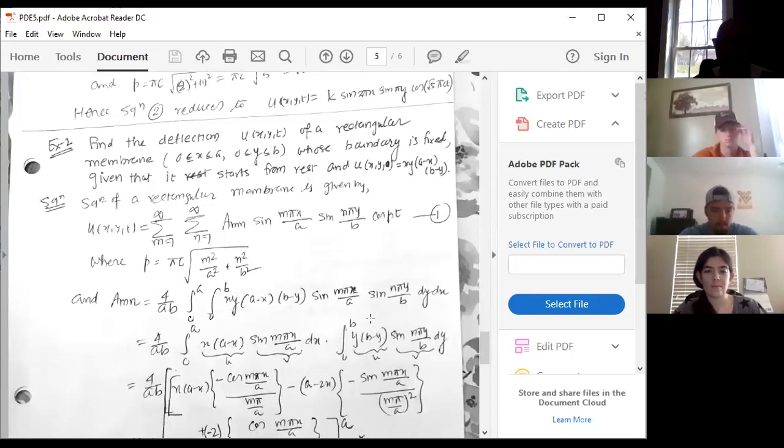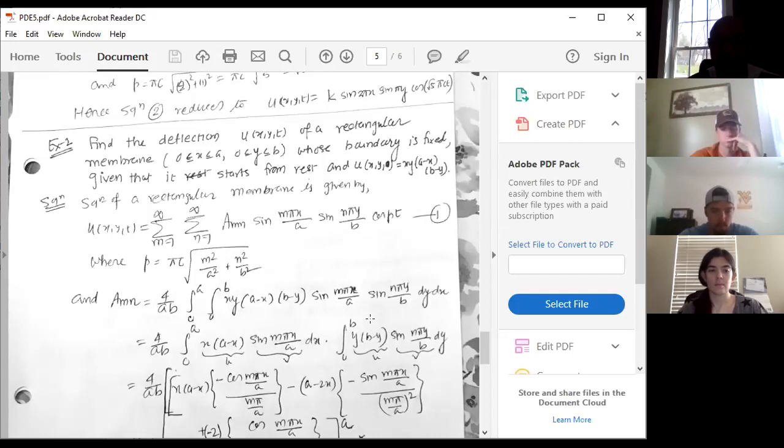Now look here, guys. Same example, same theme. I told you examples are quite simpler than the other part. Find the deflection u(x,y,t). Previously in one dimension, we had just u(x,t) or u(y,t) like this. Here it is u(x,y,t). Find the deflection of a rectangular membrane, where 0 is less than or equal to x less than or equal to a, and 0 is less than or equal to y less than or equal to b. a and b are different; if they are the same, it's a square.